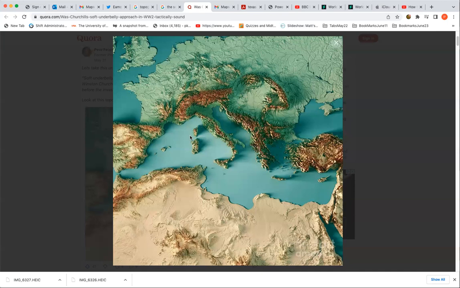A submarine drops the body off the coast of Spain. It's picked up by fishermen, and very quickly it gets into German hands because the Spanish authorities were working closely with the Germans, and it goes all the way up to Hitler. It goes all the way up to Hitler, and Hitler buys it. He buys that the actual invasion was not going to be in Sicily, that it was going to be in Sardinia and Corsica, two areas that were not close to Sicily at all. And this is Operation Mincemeat.